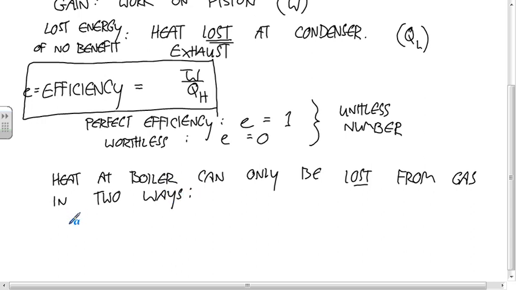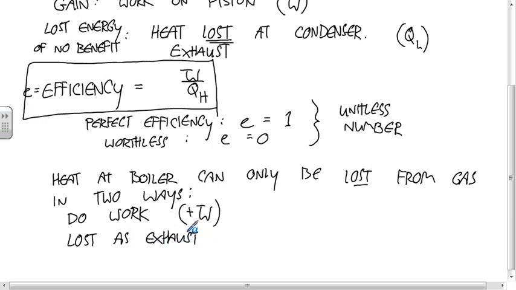It can do work, and so that means positive W, or it can be lost as exhaust. And is that a positive or a negative QL? That is a positive QL, yep. So the second equation just says QH is equal to the work plus QL.